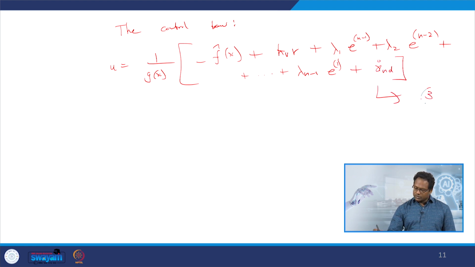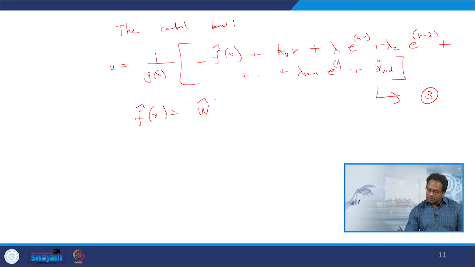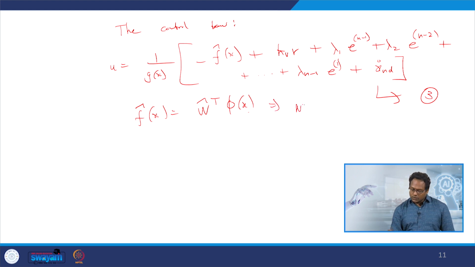Say this be equation number 3. Here f hat of x is given by w hat transpose multiplied by phi of x, which is nothing but the response or the output of the neural network.